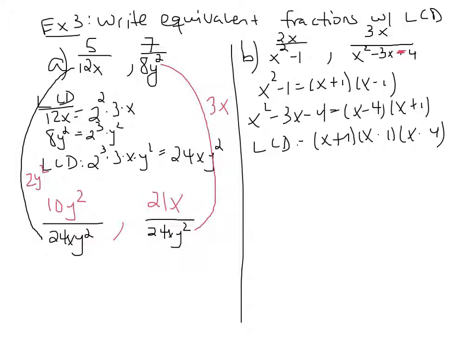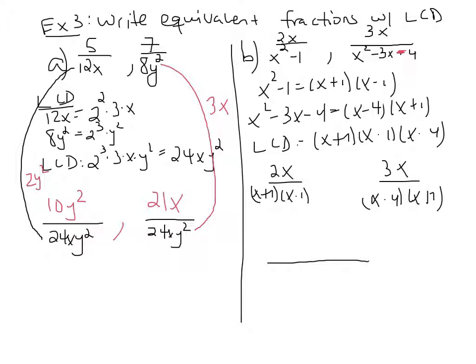So, let's see, our first fraction was this, and our second fraction was this. And now I want both fractions to have the denominator x plus 1, x minus 1, x minus 4.